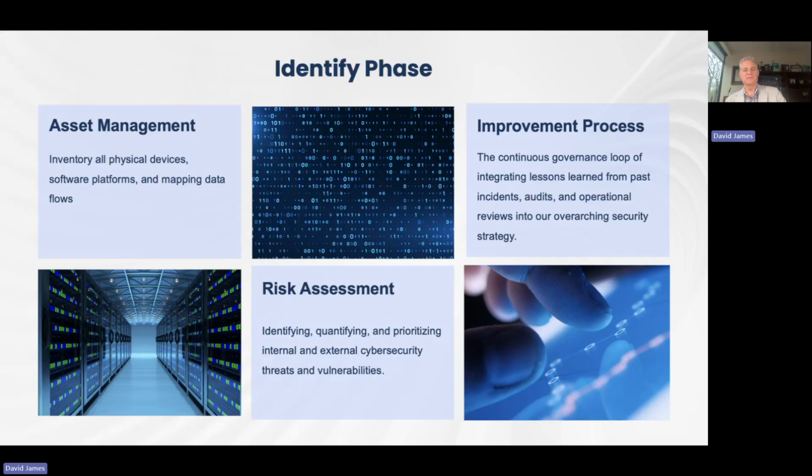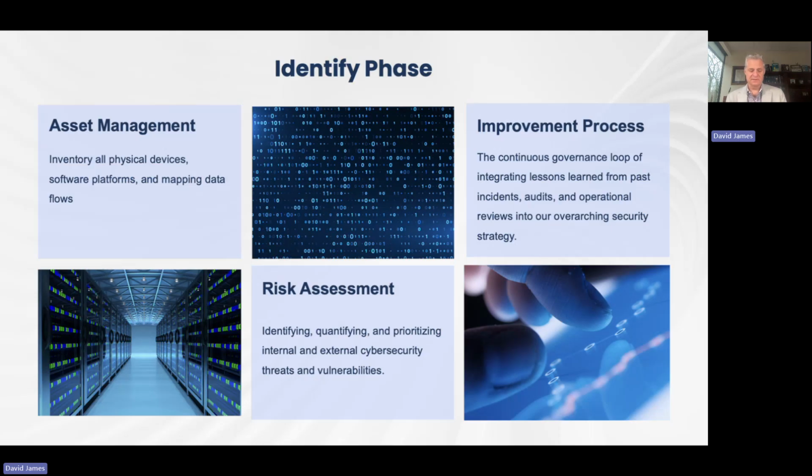So what did we do in the identify phase? Well, 3 things. In the asset management element of this, we inventoried all the physical assets that we had. We also counted up, and when I say count, we're not counting, but we're inventorying software platforms and software computer systems that we're using, and we're mapping the data that flows through it.